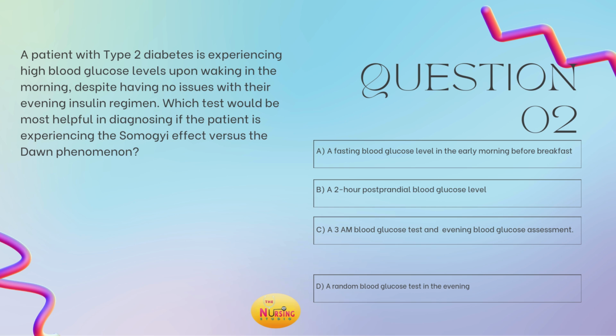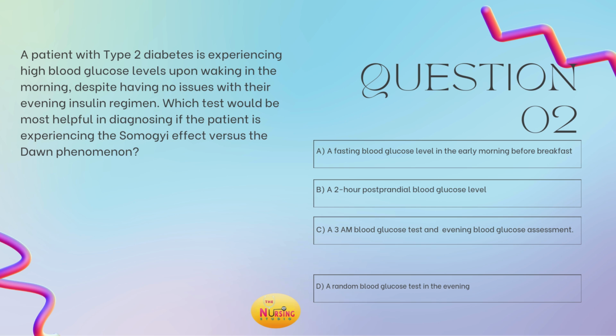Take a moment and tell me what you got, you guys. All right, so stem of the question states which test would be most helpful in diagnosing if the patient is experiencing the Somogyi effect versus the dawn phenomenon. All right, so we have to do a couple of things to be able to differentiate one versus the other, right?